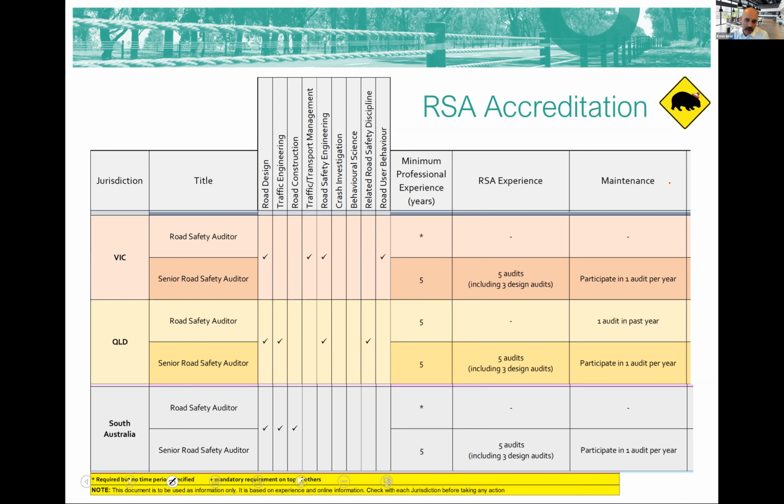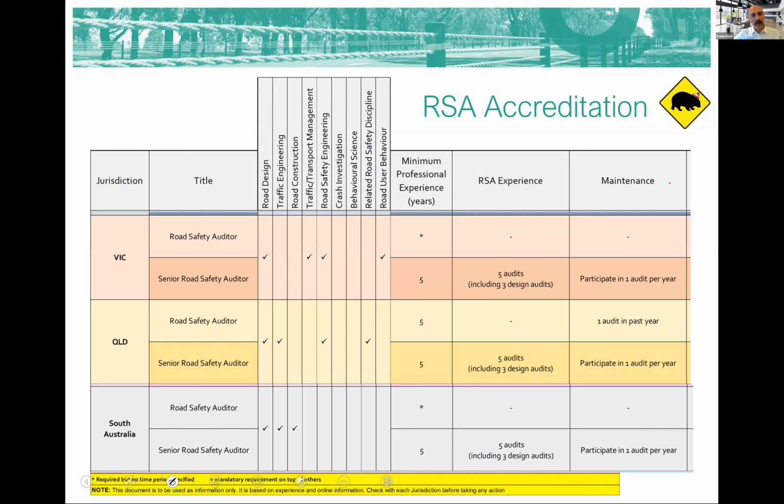in most jurisdictions. So in Victoria, you need to register onto a list, and then you will become an accredited road safety auditor. Same with Queensland, South Australia, New South Wales. Northern Territory doesn't have a register. Tasmania doesn't have a register. Tasmania basically uses Victoria.